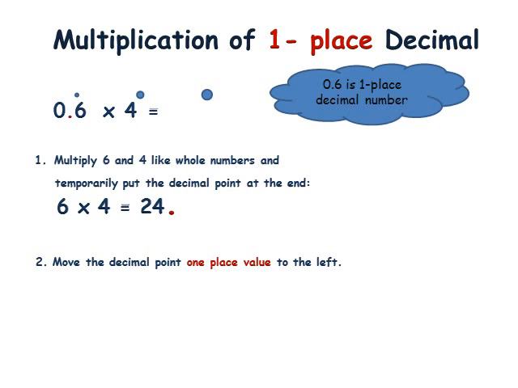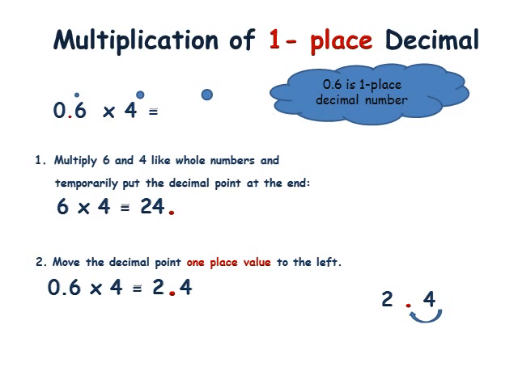The next step is to move the decimal point one place value to the left. For example, here on the right corner of your page, you see 24 with the decimal point at the end of 4. You move it to the left one place value, so it becomes 2.4.